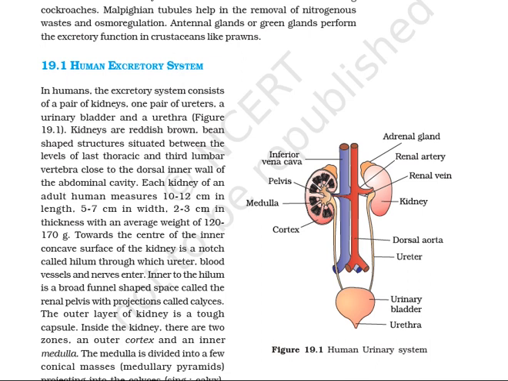This is termed the medulla. This medulla consists of many conical pyramid masses, and these are called renal pyramids.